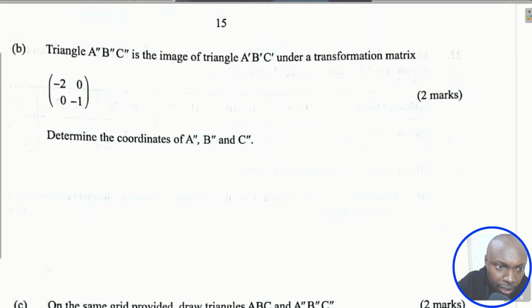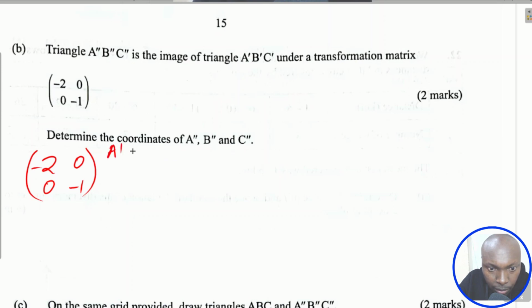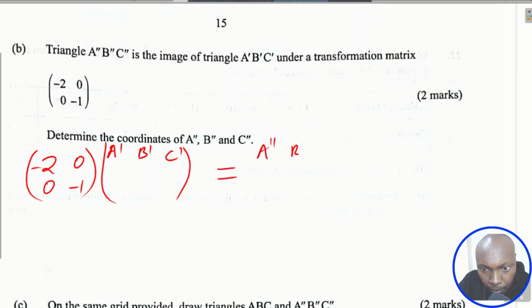You just need to take this matrix of transformation, -2, 0, 0, -1, and pre-multiply it with A prime, B prime, C prime, and this is what is going to give A double prime, B double prime, C double prime.